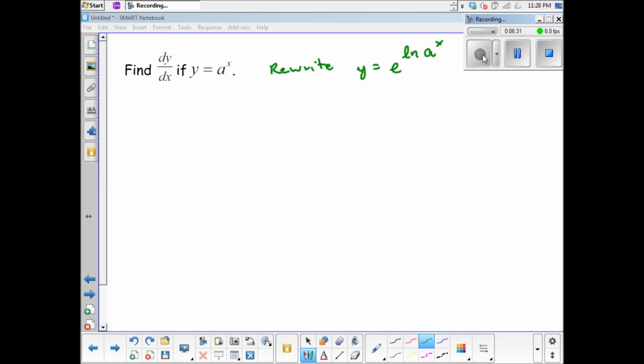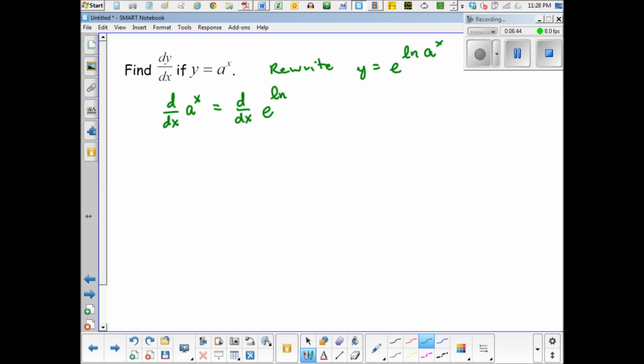All right, so let's go ahead and find the derivative of a to the x, which we've since written as e to the ln of a, to the x. Okay, well, it looks like e to the something, so we start off by simply writing that same something. So remember, the derivative of e to the something is e to that something times the derivative of that something.